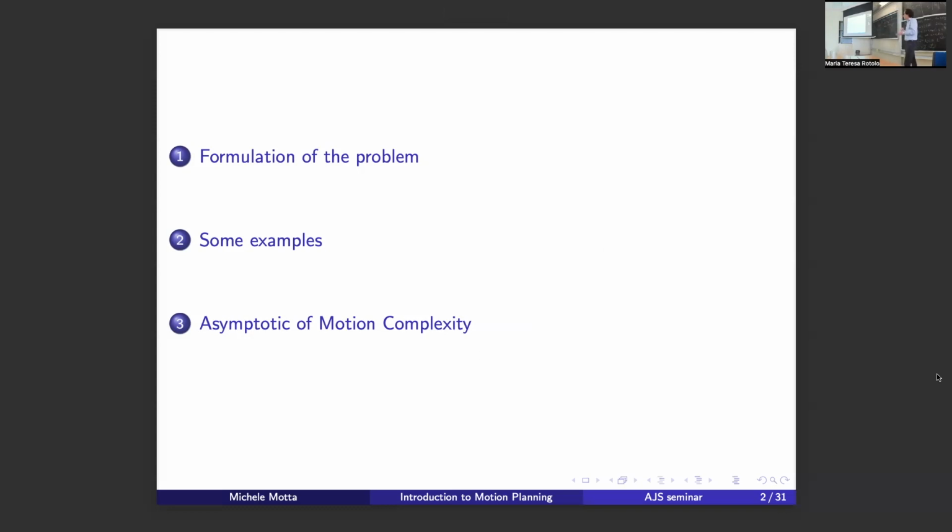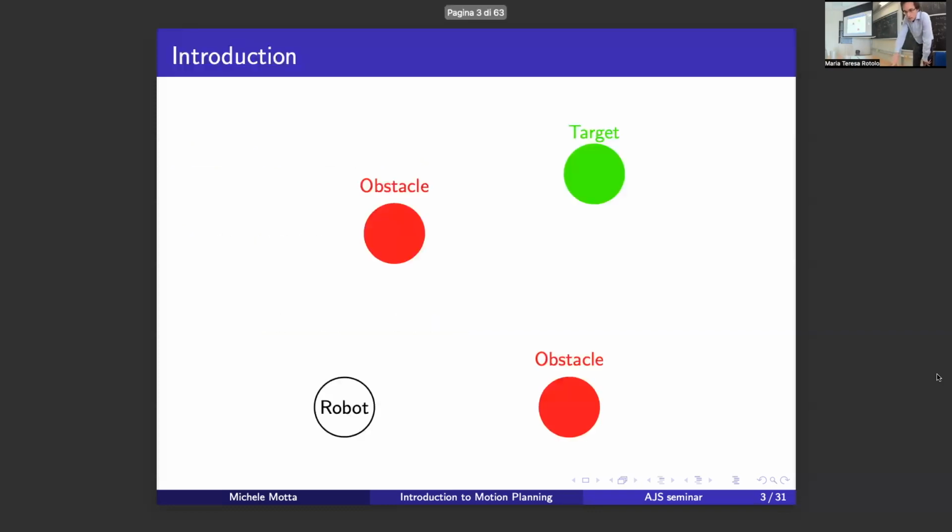Then in the second part, I will show some examples of what motion planning is more concretely. And in the final part, I will talk about motion complexity, which is quite an important topic in motion planning. So let's start.